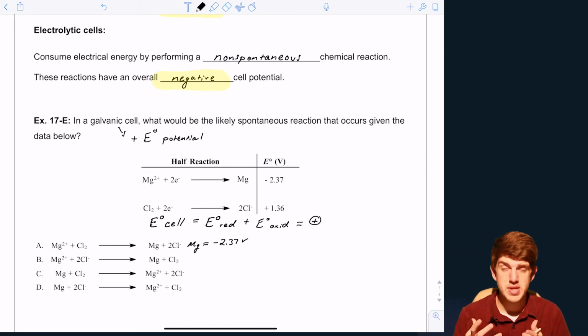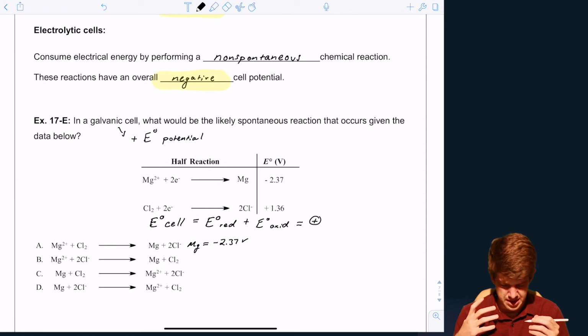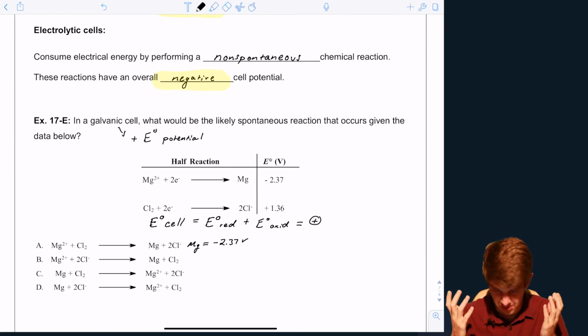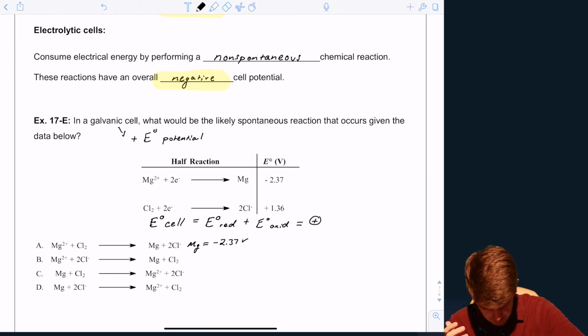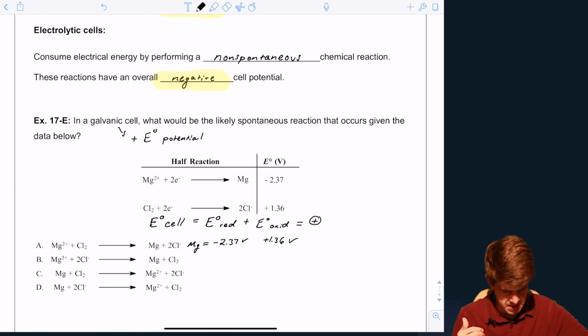Cl2 is becoming 2Cl-. It's going from neutral to minus. It's also gaining electrons. This isn't even a redox reaction. This is a red-red reaction or something like that. And that would be a plus 1.36 voltage if it was a redox reaction, but it's not. Automatically, this is out.